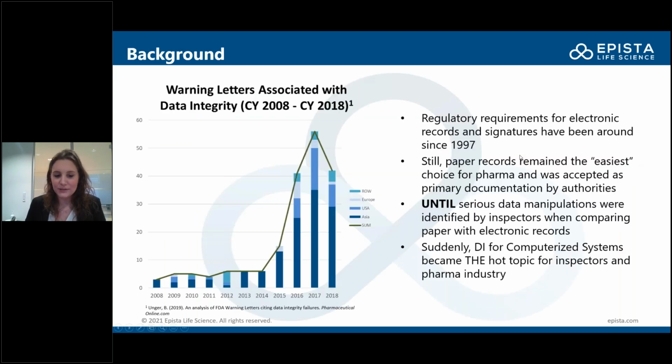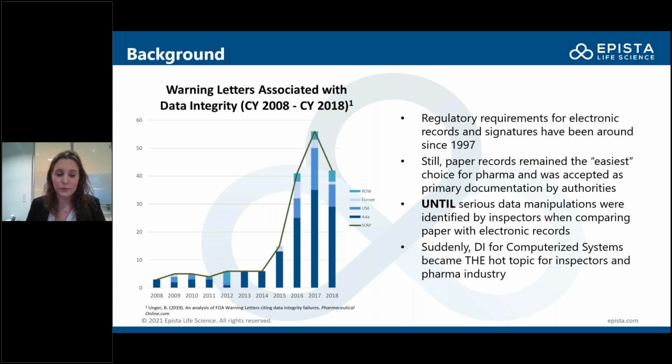Data integrity is a topic that has become really popular, and everyone started talking about it in the last few years. If we're actually looking a bit at history, the requirements for electronic records and signatures have been out there for way longer, around 1997, where there were the first publications of that.